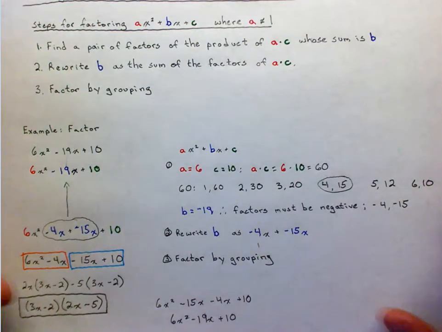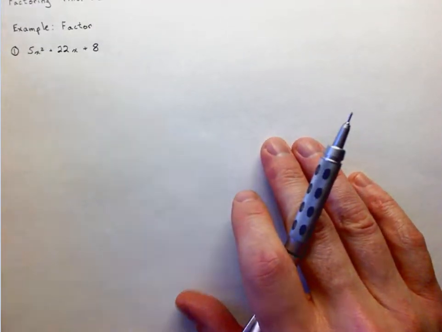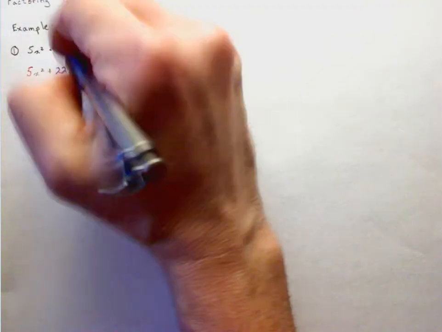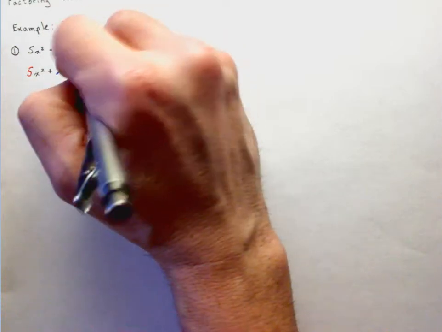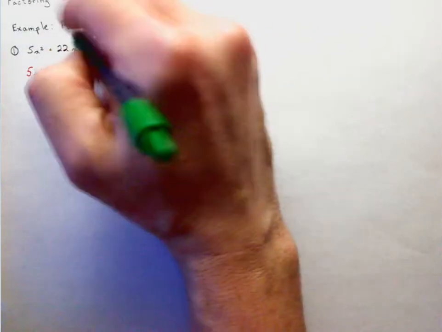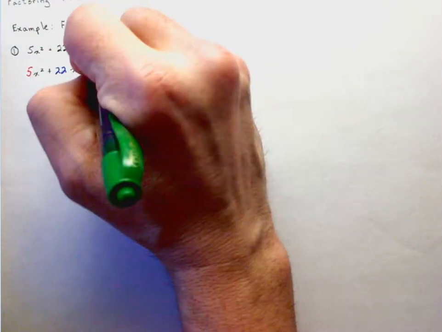All right, let's look at another example, and we'll work this out step by step so we can see it. And I will try to color code it to help. So I have 5x squared plus 22x plus 8.